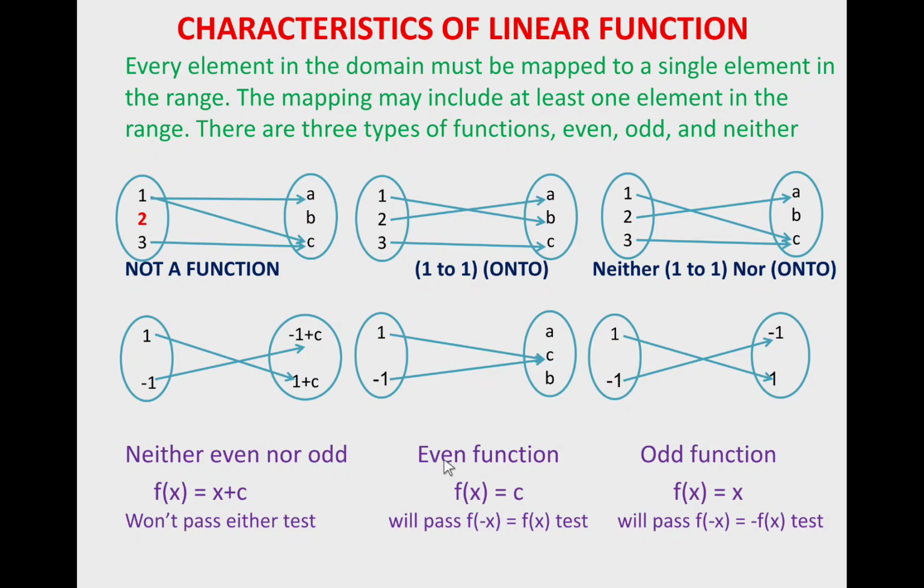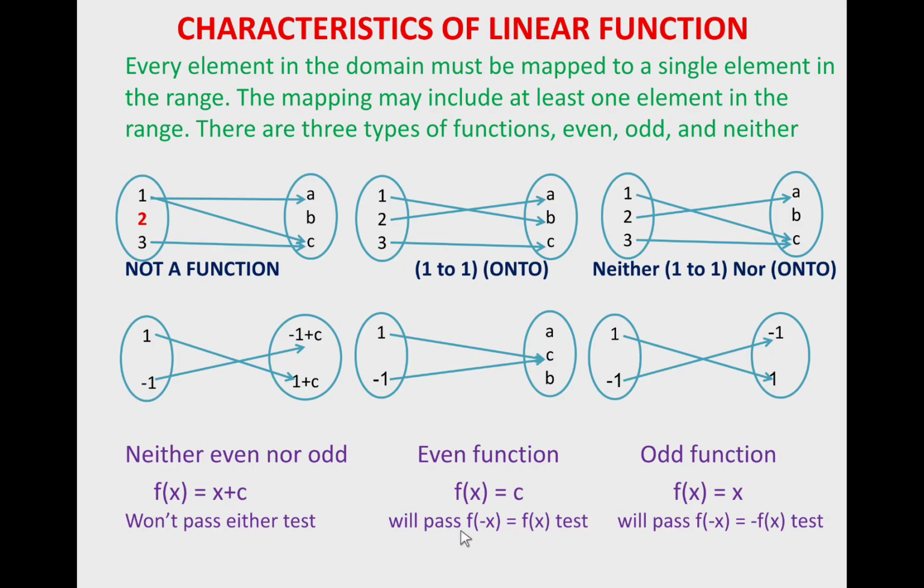Let's take a look at the function that's even function. F of x equal to c. Why it's even? This is the test for a function if it's even or not. F of negative x must be equal to f of x. That means regardless of the value of x, they must be having the same value for y.